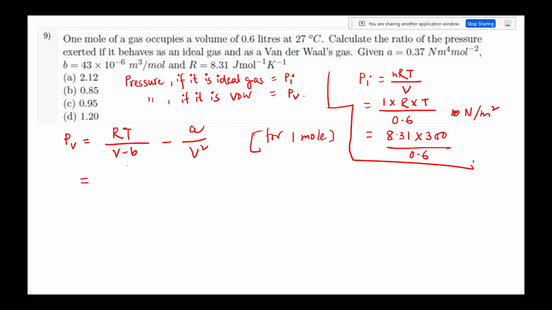In the meanwhile, I will calculate this value: 8.31 times 300 divided by 0.6. Since it is in deciliter, this will be 10 to the power minus 3. So this becomes 4.155 times 10 to the power 6. Okay.